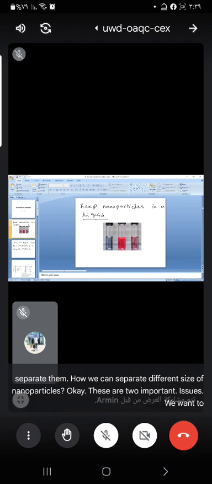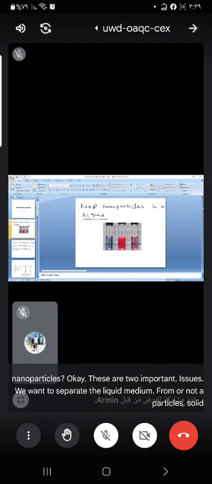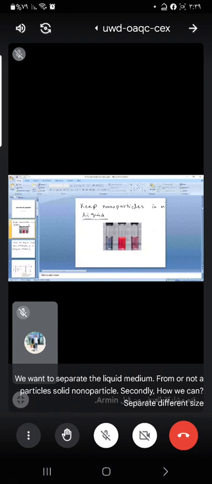We want to separate the liquid medium from our solid nanoparticles. Secondly, how we can separate different sizes of nanoparticles. So this is an important process. You need to know it very well.